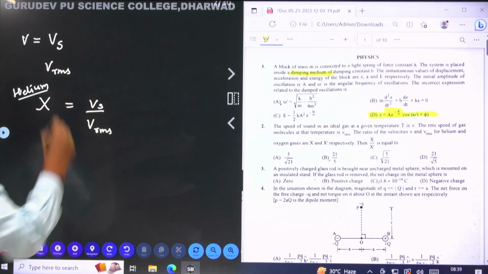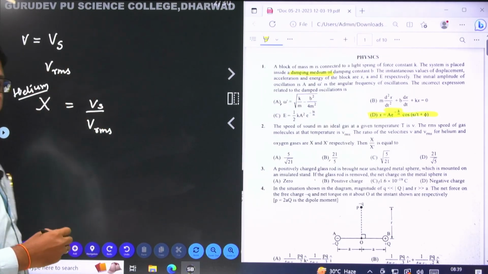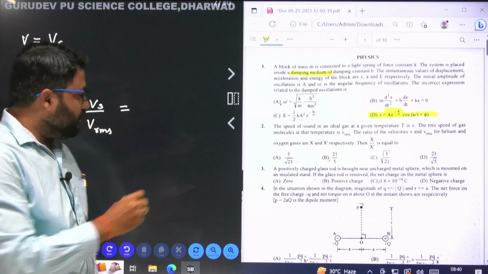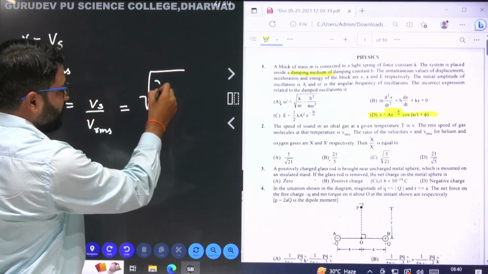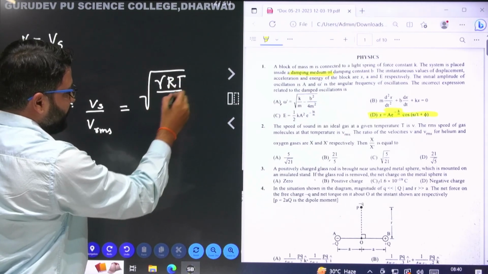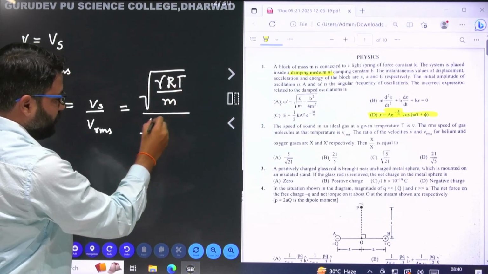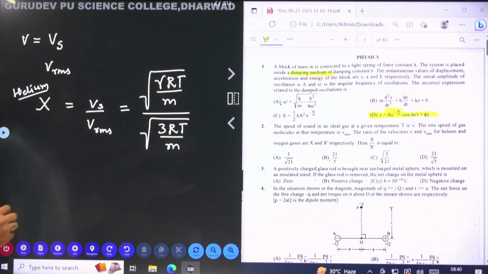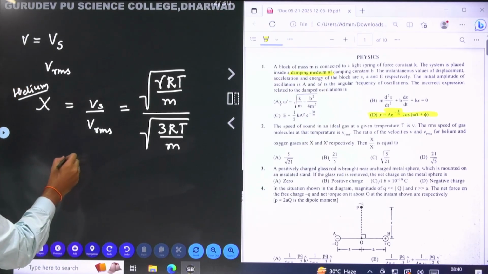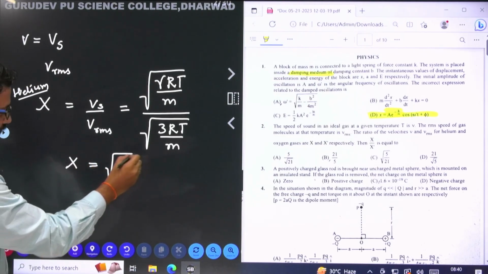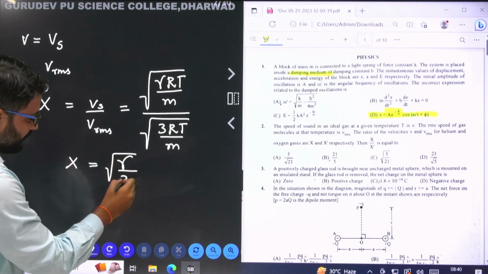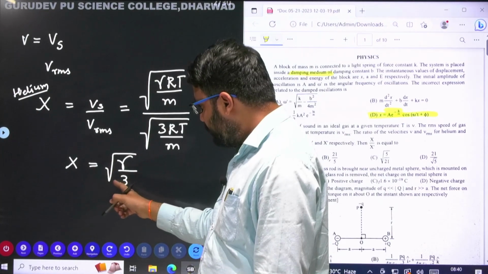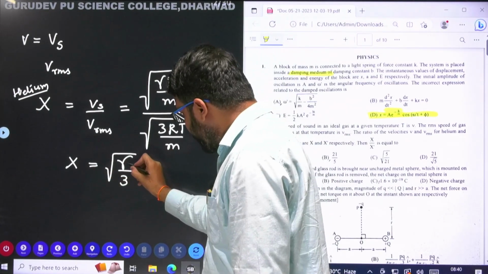Here V is the velocity of sound in helium. According to the equations we know, it should be root gamma RT divided by M, and the RMS speed is root 3RT divided by M. As you further simplify, you clearly understand that X would be root gamma divided by 3, where this gamma is for helium.